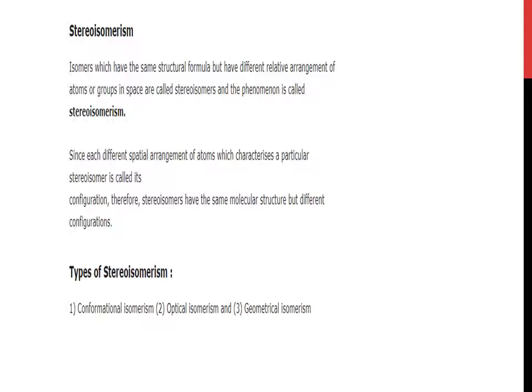Now, what is stereoisomerism? Isomers which have the same structural formula but have different relative arrangement of atoms or groups in space are called stereoisomers, and the phenomenon is called stereoisomerism.